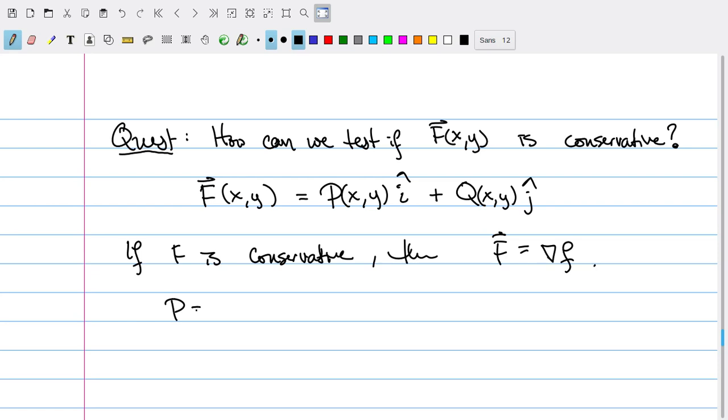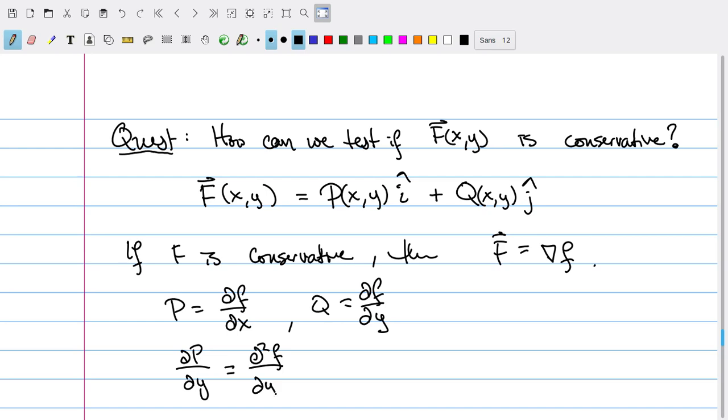That means that P would be partial f partial x, and Q would be equal to partial f partial y. But that means that partial P partial y is going to be partial squared f partial y partial x. And by Clairaut's theorem, this is going to be the same as partial squared f partial x partial y. The mixed partial derivatives agree. We learned that earlier.